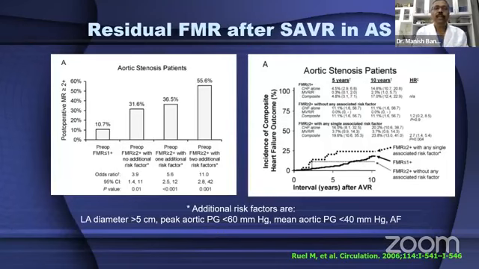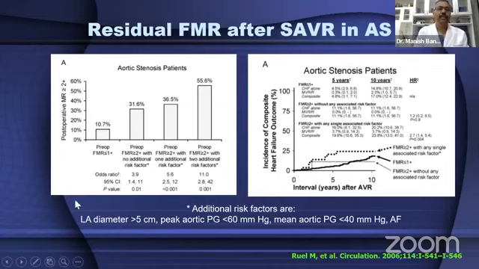When patients are treated for aortic stenosis and only AS is treated, then many times MR regresses after surgery, but not in every patient. So what are the factors which determine that MR will not regress?